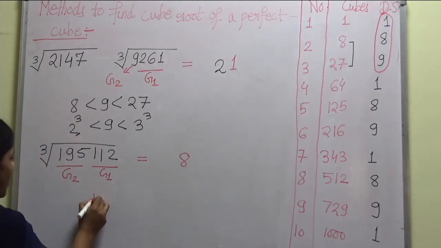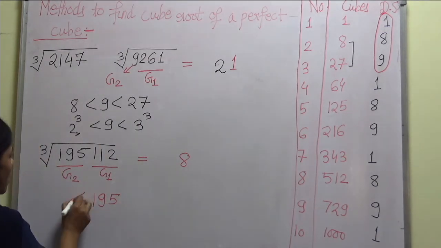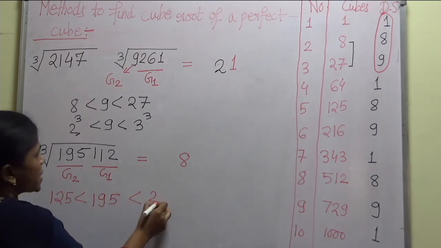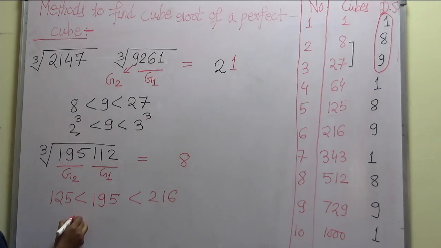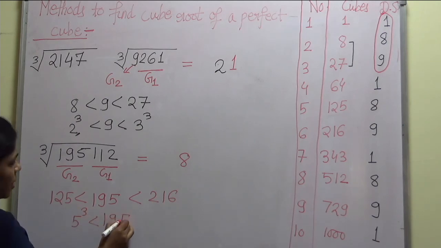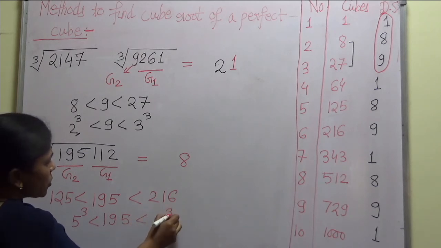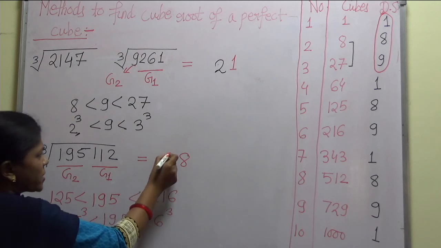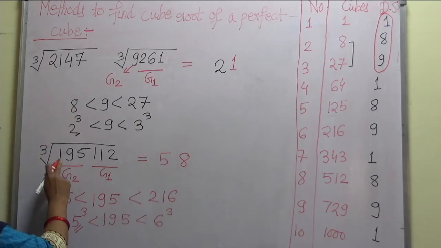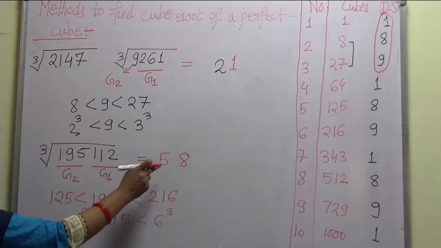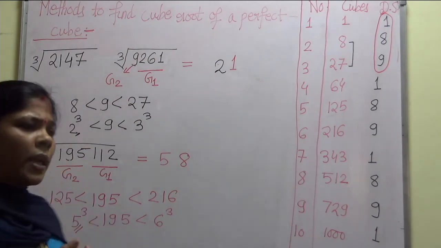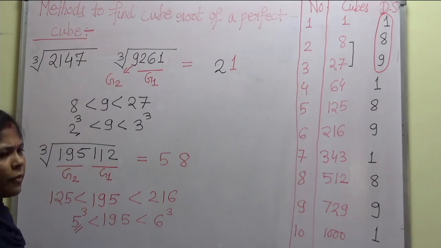The lowest one is always the dominating one, so I'll take 5. So what is the cube root of 195112? That is 58. So that's how easily one can get the cube root of a perfect cube.